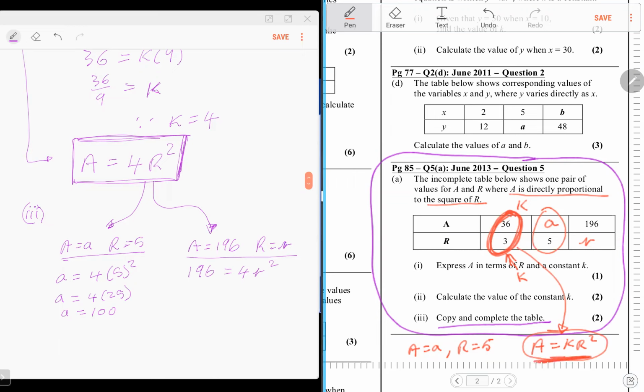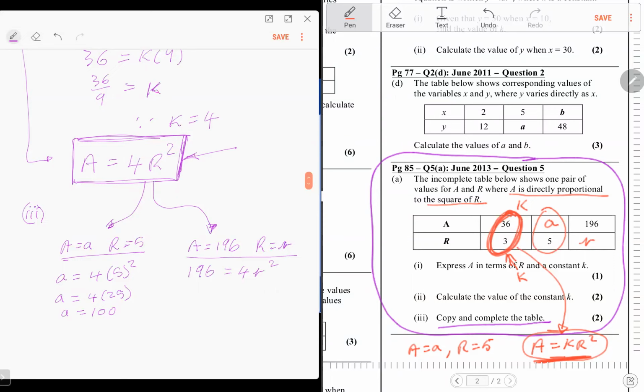You know the K is 4, so you replace this K with 4. This is my relationship formula now. This formula governs everything after that. So plug the values from the table into that formula, and the formula tells me what the unknown values are. Understand that?